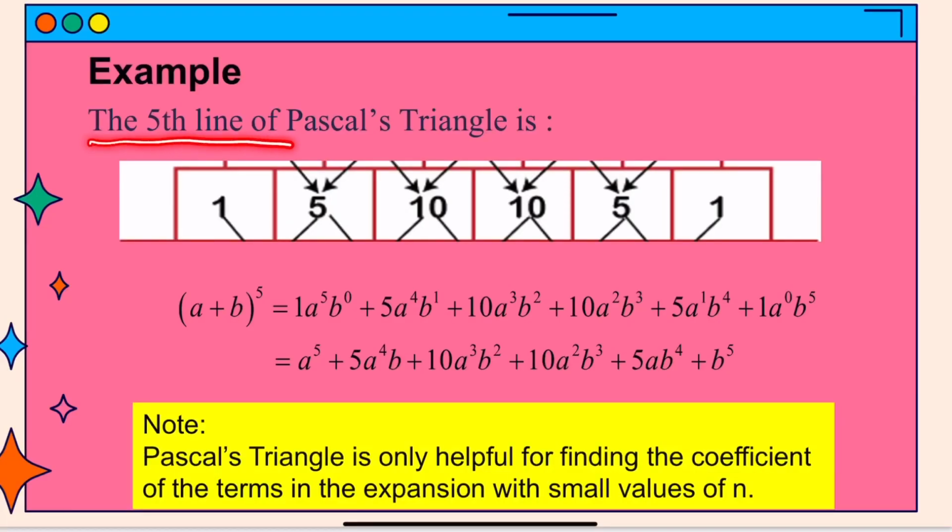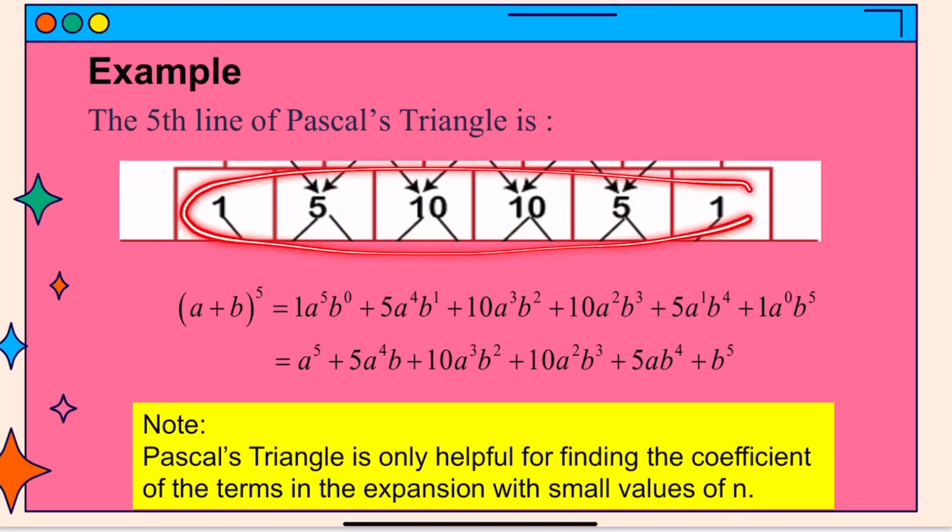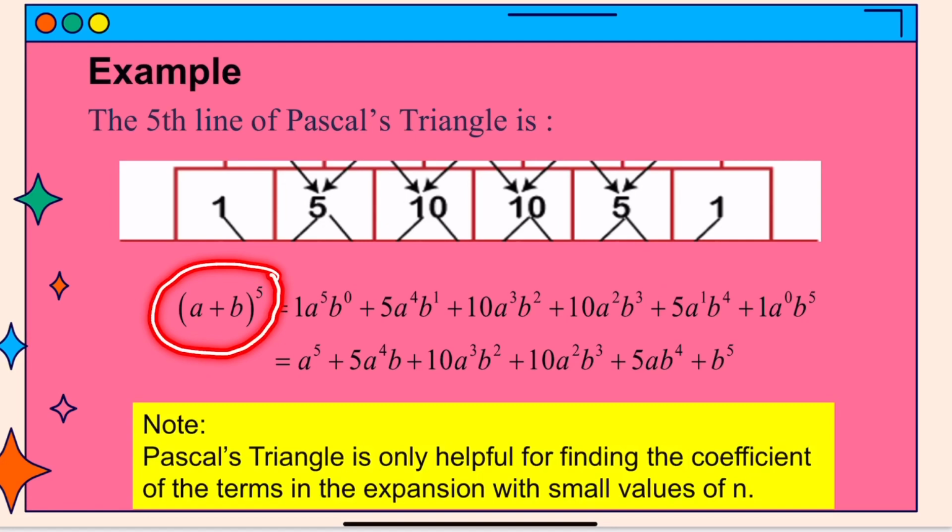For example, the fifth line of Pascal triangle is 1, 5, 10, 10, 5, and 1. These numbers represent the coefficient of each term in the expansion of a plus b to the power of 5, where the expansion is equal to a power 5 plus 5a power 4 b plus 10a cubed b squared plus 10a squared b cubed plus 5ab power 4 plus b power 5.